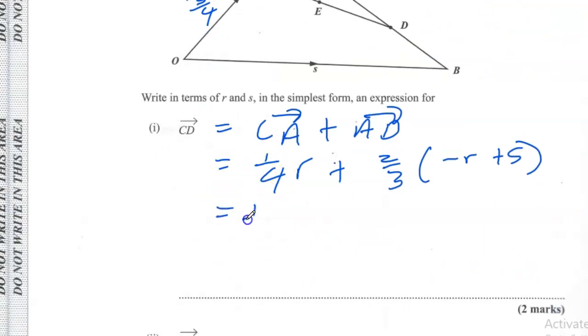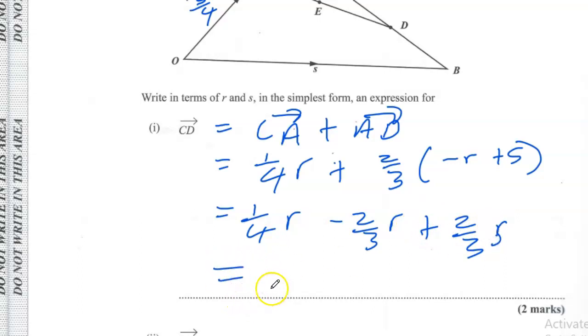So this is a quarter R. Expand, we get minus 2/3 R plus 2/3 S. And a quarter R minus 2/3 R, what's that? That's 3 minus 8, that's minus 5 upon 12, so minus 5 upon 12 R.